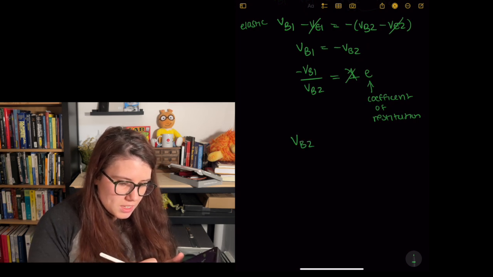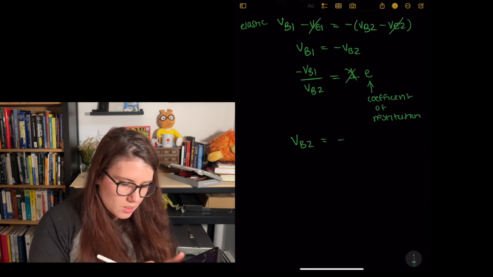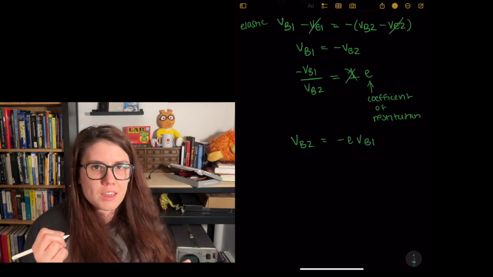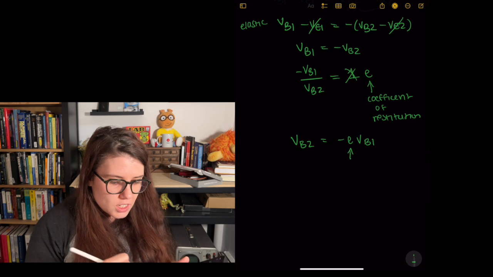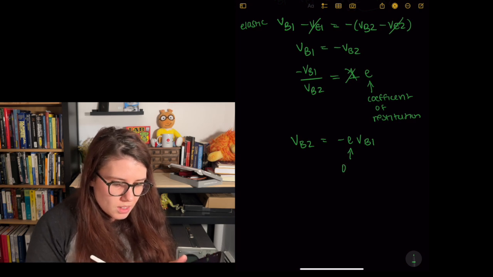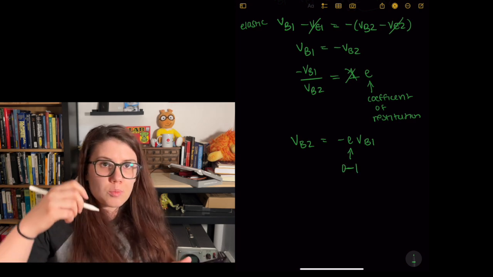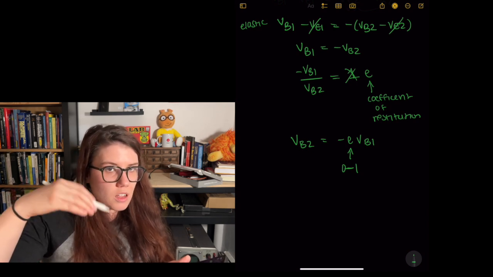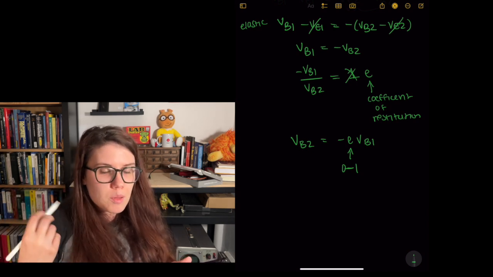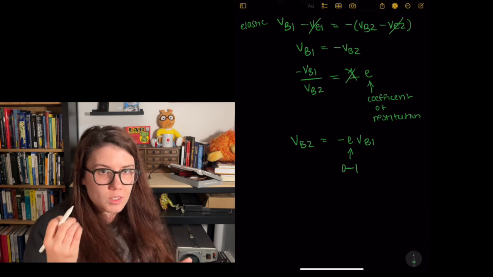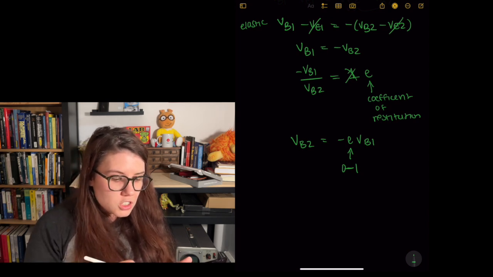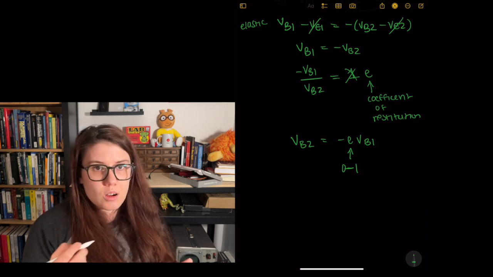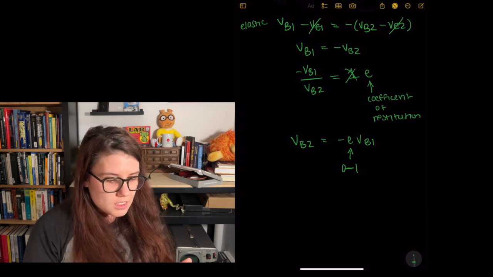It is going to be equal to the negative of this coefficient times your initial velocity. And that makes sense. This is going to be like a fraction, somewhere between 0 and 1, right? So your ball hits the ground, it will bounce up with the reverse sign of velocity because it's going to be moving up instead of down, but it's just going to be a fraction of what the initial velocity was. So eventually this will just go to 0 and the ball will stop bouncing. That's what we expect to happen.